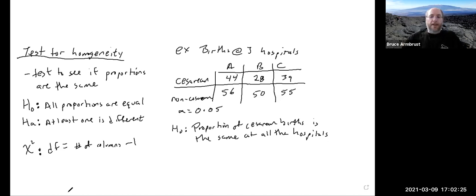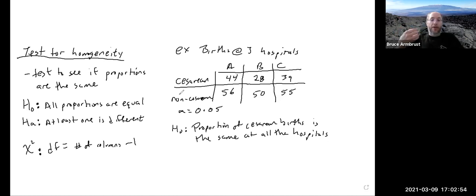So you'll notice that all of these chi-square things, we always have a minus 1 going on. But if you think about this, like with the idea of the matrix, remember how we found the degree of freedom for the matrix was rows minus 1 times columns minus 1? Well, your rows here, they're always going to be 2. Because if we're looking at proportions, proportions come from a yes or no kind of situation, right?